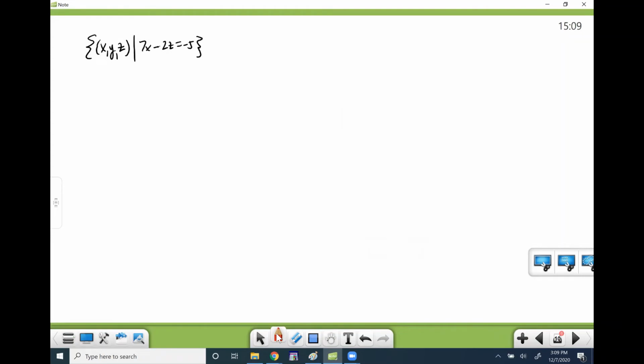Okay. So we need to try and find some points that satisfy it. Okay, what if x were 1? If x were 1, then we'd have 7 minus 2z equals 5. Let me try to solve for the z really quickly just to kind of show you guys. Okay, it looks like 1 would be the z.